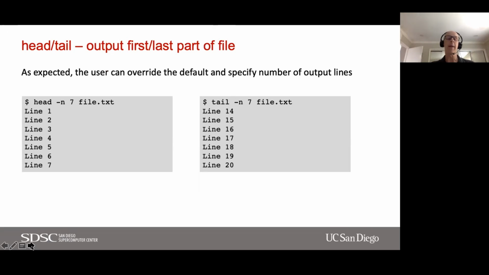As you might expect, you can override the default and specify the number of output lines. So in this case, if I want to look at the first 7 lines of the file, I might do head -n 7. So the -n followed by the number is the number of lines that you're going to get. For tail, similarly, -n 7, and you're going to get the last 7 lines of the file.